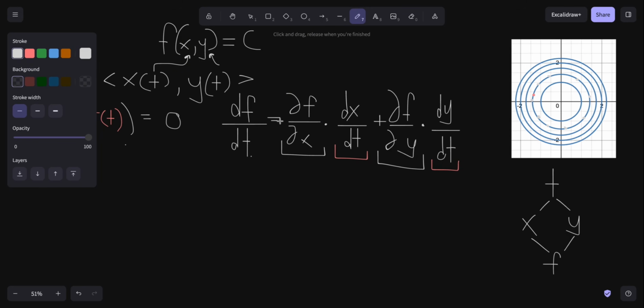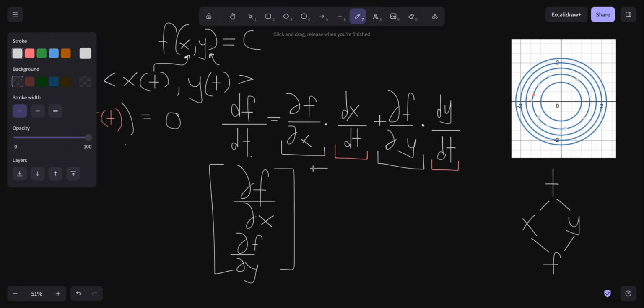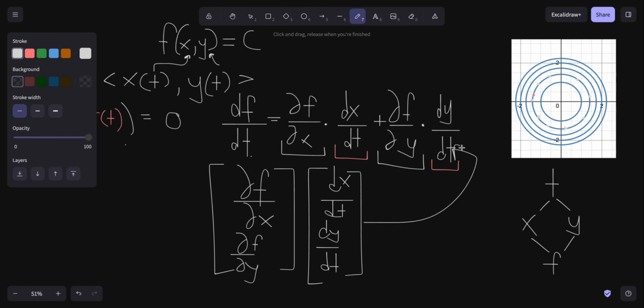So the dot product between a vector containing the partial derivatives, so you can think about as df dx, and then df dy. Imagine if that was one vector, and I took dot product of that with dx dt and dy dt. Well, that would give me this result that I have here, right? Now that would be equal to df dt, right? I can just express it as a dot product between two vectors.